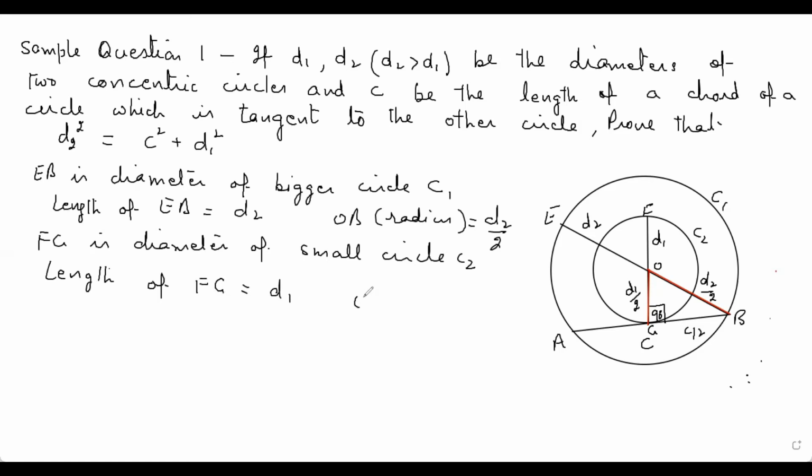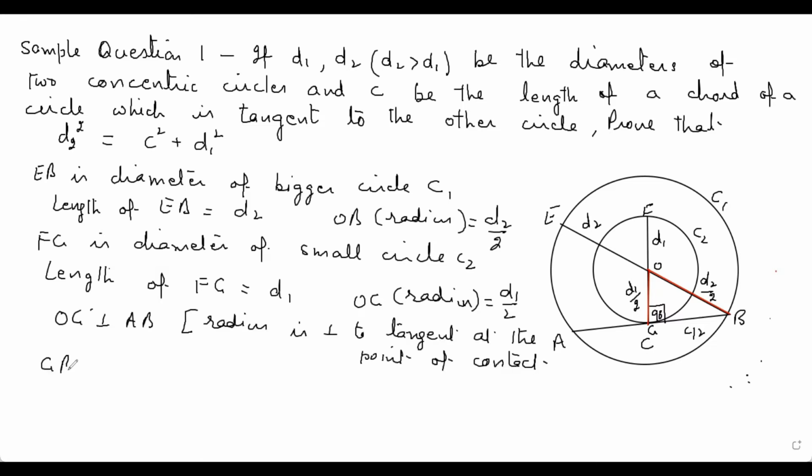So OG, that is radius, is equal to D1 by 2. Now OG is perpendicular to AB. Reason: radius is perpendicular to tangent at the point of contact. Now GB is half of AB. It means half of C, it means C by 2. Reason: perpendicular from the center to the chord bisects the chord.